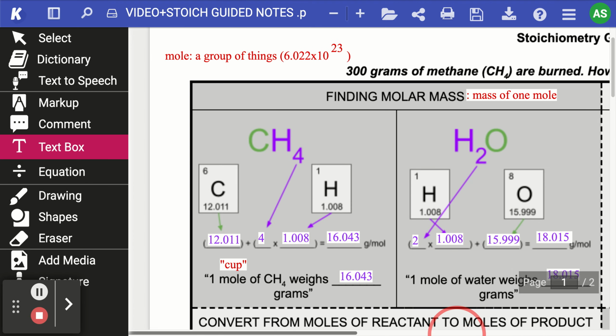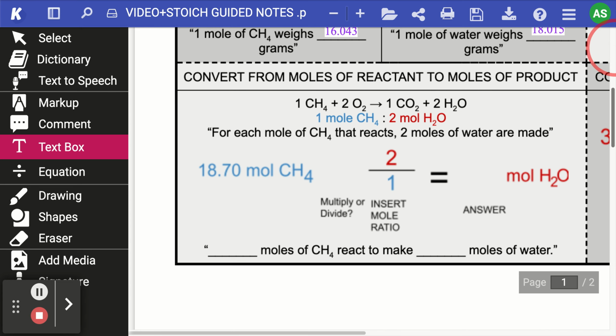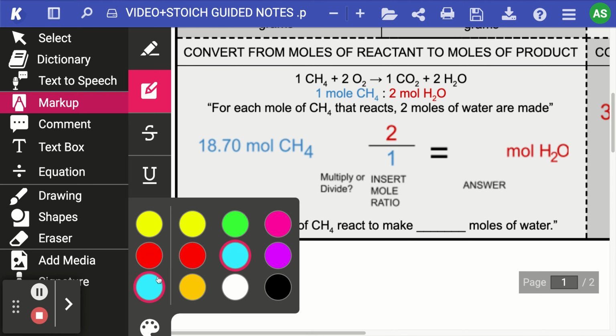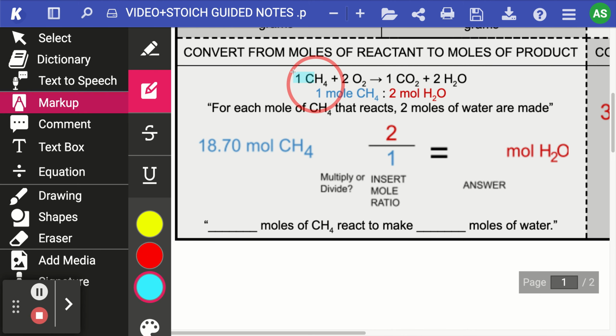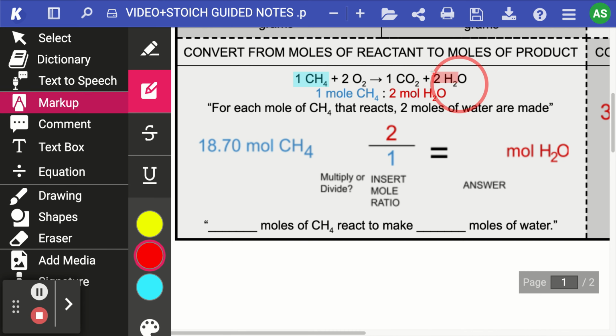In this video, we are going to talk about how to convert that 18.70 moles of methane into moles of water. Now, this is the strange one, so this video is going to be a little longer. All right, so what I see here is a recipe where I say, hey, look, 1 mole of methane makes 2 moles of water.